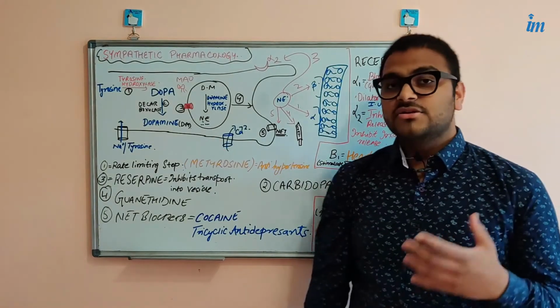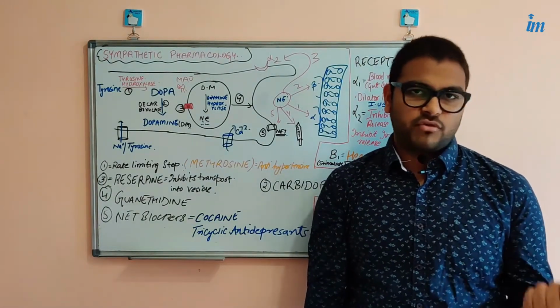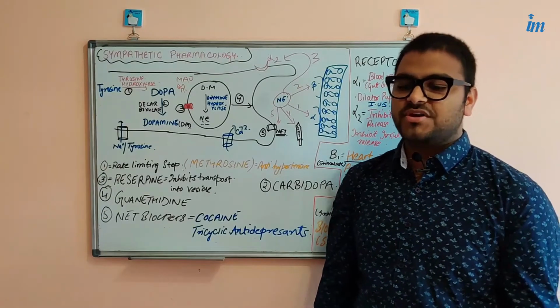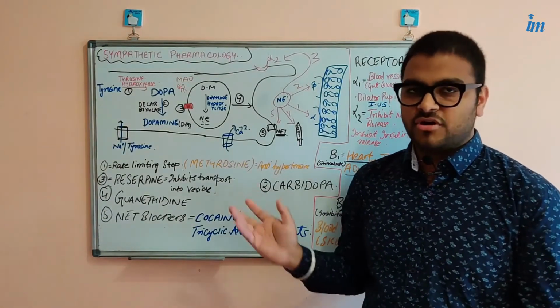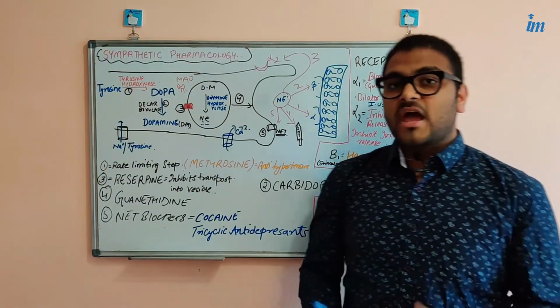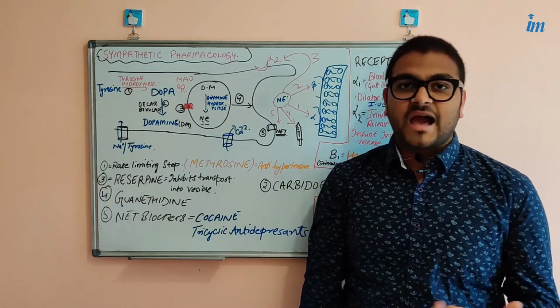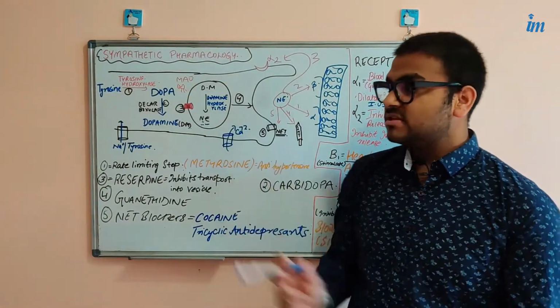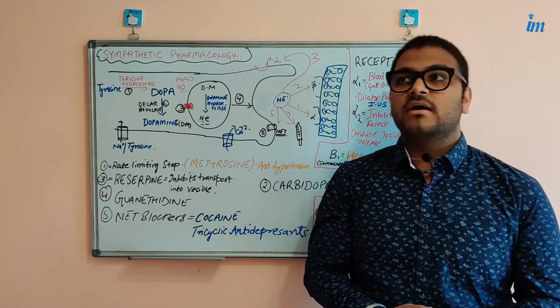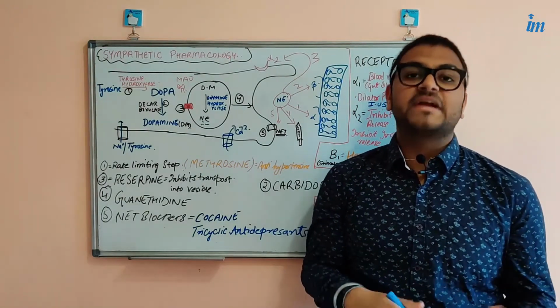And what does it need to have? It needs norepinephrine, because this neuron wants to secrete norepinephrine to the effector organs. Now we are going to study how this postganglionic neuron is able to make norepinephrine.